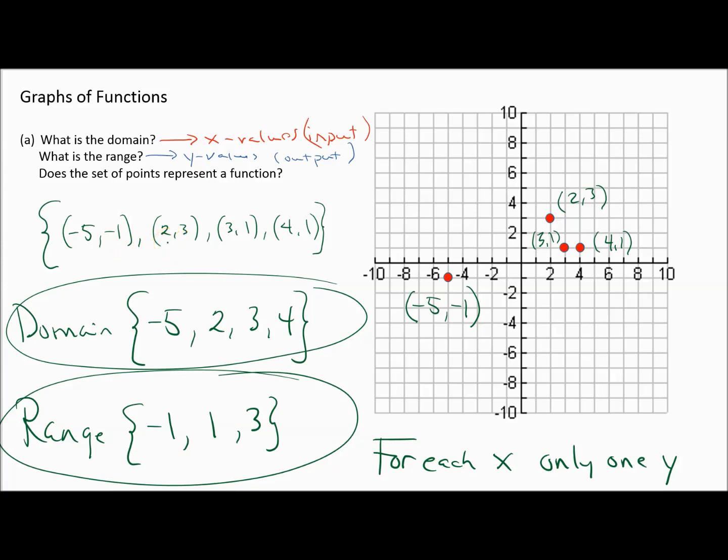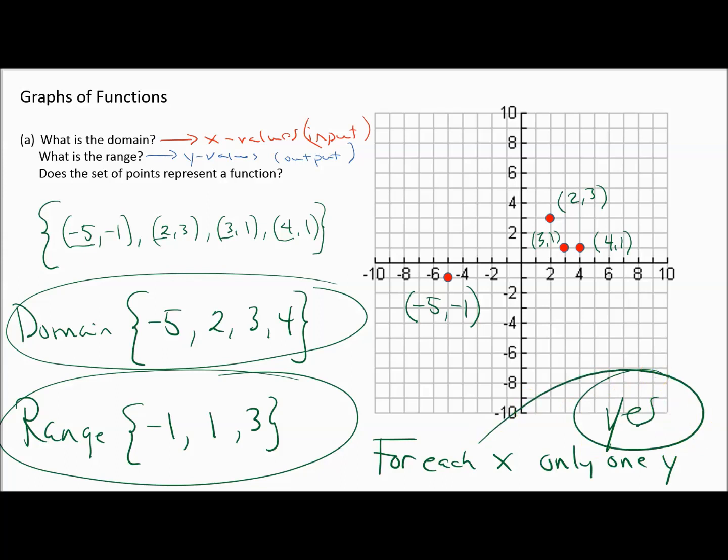For 2, I don't see 2 anywhere else on my x list. 2, there's only one y value, it's 3. 3, I don't see anywhere else, again, on my x list. Okay, 3 only shows up once on my x list, so the only answer is 1. And 4 only shows up one time on my x list, so the only answer just happens to be 1 as well. So for each x, there is definitely only one y, so yes, for the third question, this is a function.